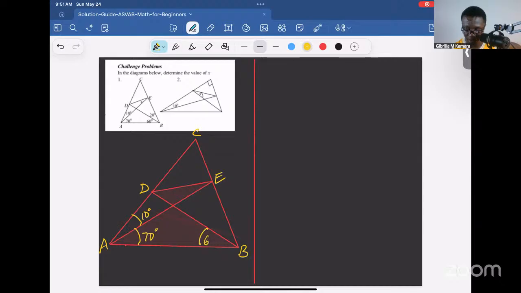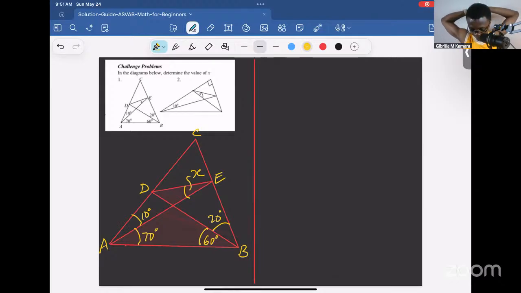This is 60 degrees. This is 20 degrees. And this is the angle we are looking for, X. So let's see how we can get that angle.